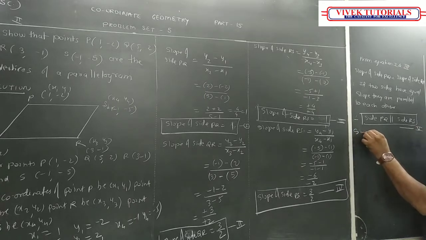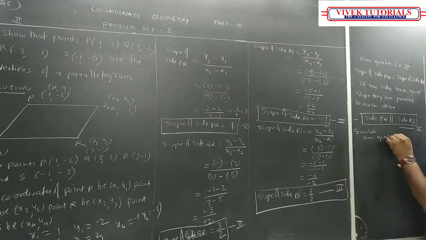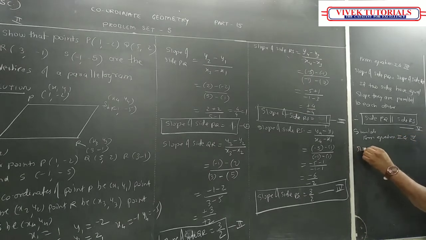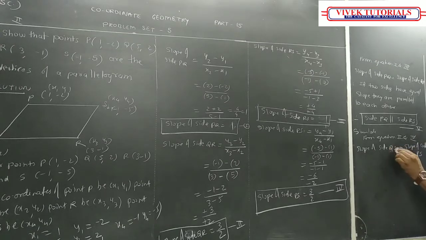Similarly, from equation 2 and 4, I can say slope of side QR is equal to slope of side PS. Therefore, side QR is parallel to side PS. This I take as equation number 6.